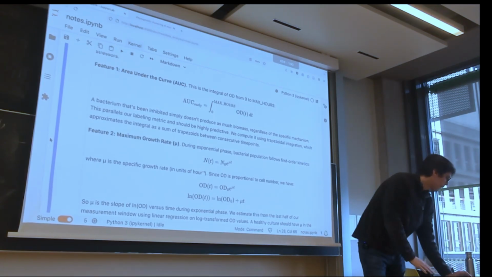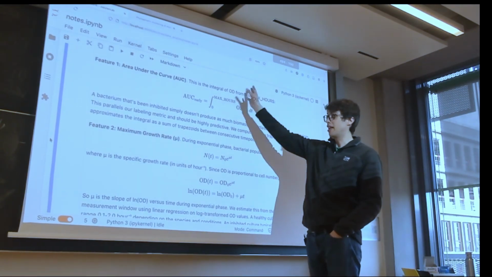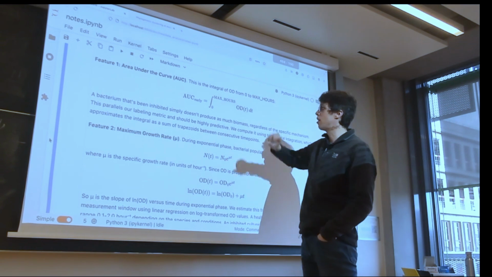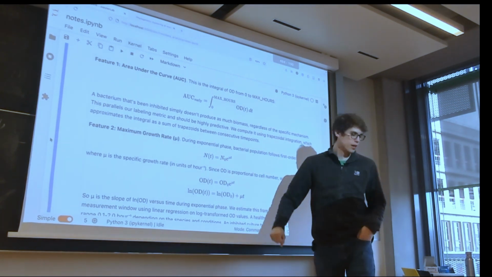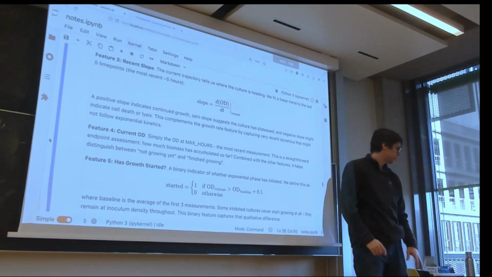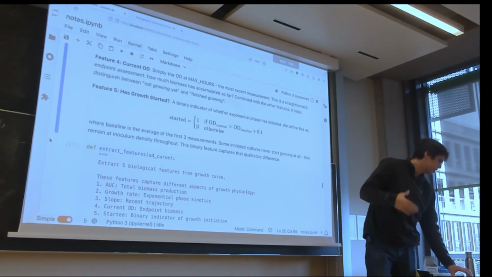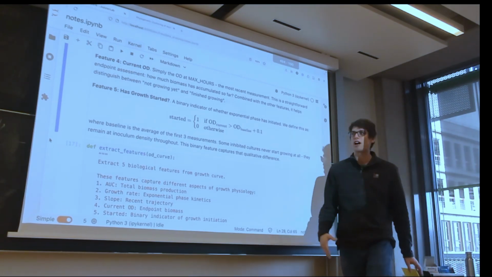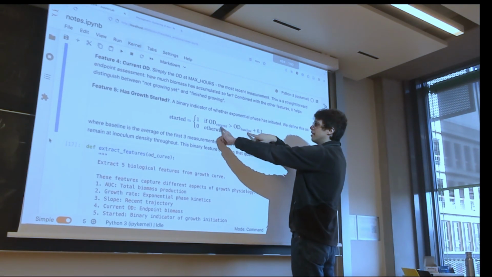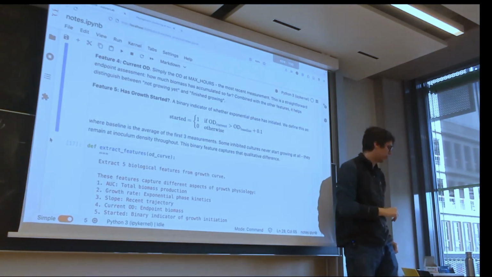Okay, so some biological features that we're just throwing out there, and again, throwing that into a logistic regression, so a neural network: area under the curve of 24 hours, maximum growth rate in 24 hours, a recent slope before the end, and the current OD, the one at the end, has growth started. So just some threshold: at the baseline we started, are we at least 0.1 more OD at the end than we started?